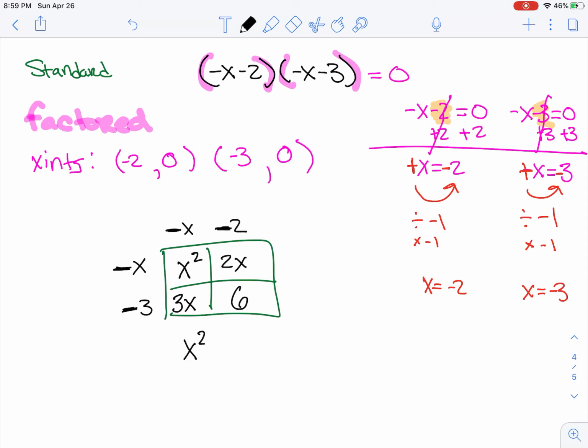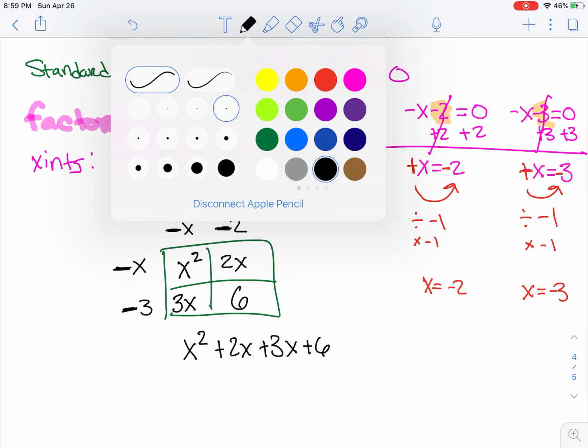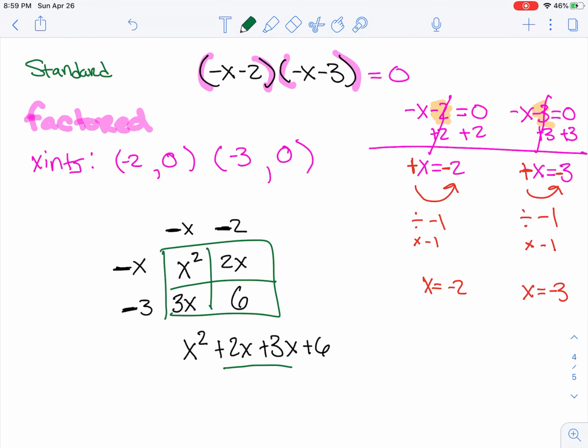Okay. So then this is going to be x squared plus 2x plus 3x plus 6, where we get to combine these two pieces. So I get 5x plus 6 with that x squared in front. There was no number in front, so we're chilling right there.